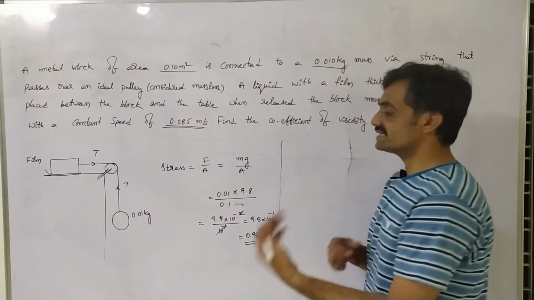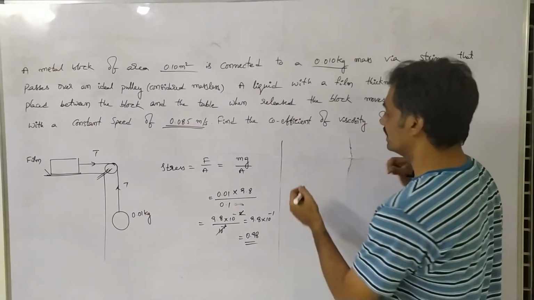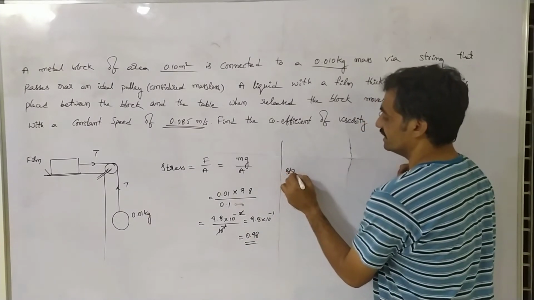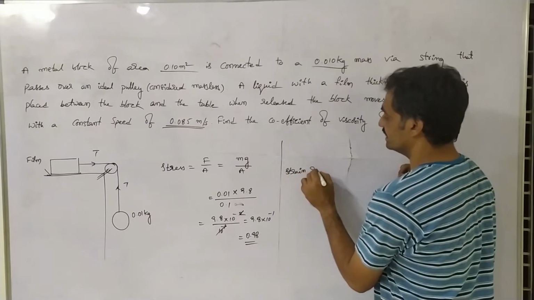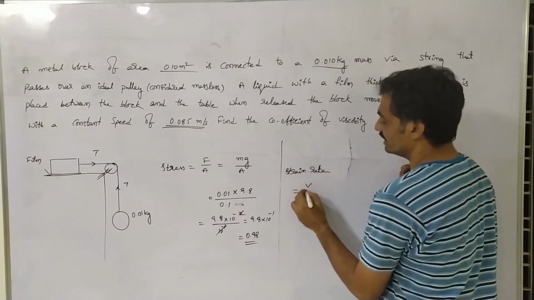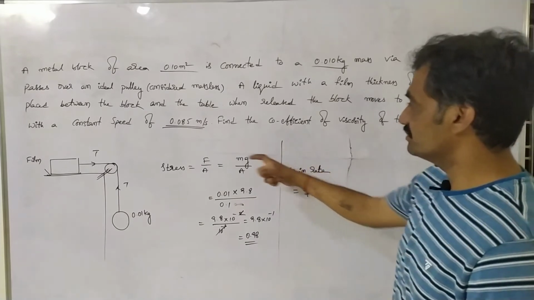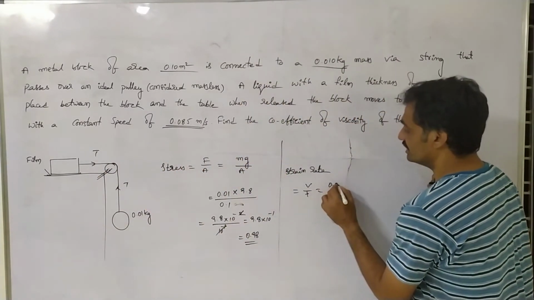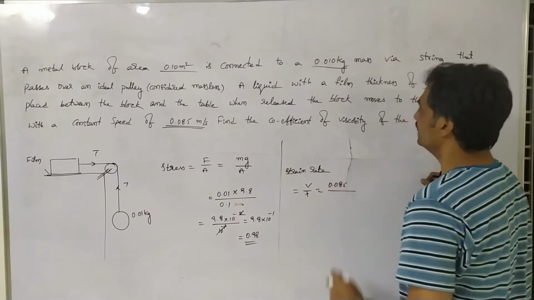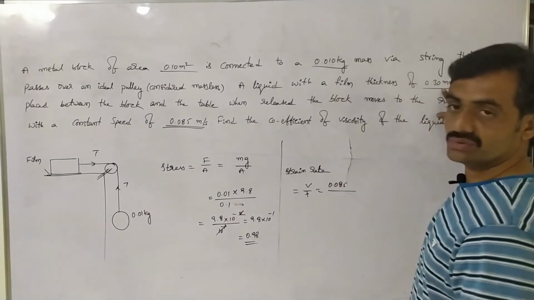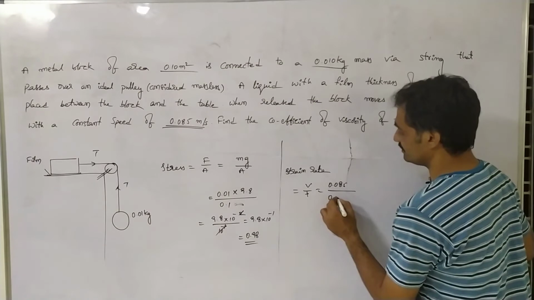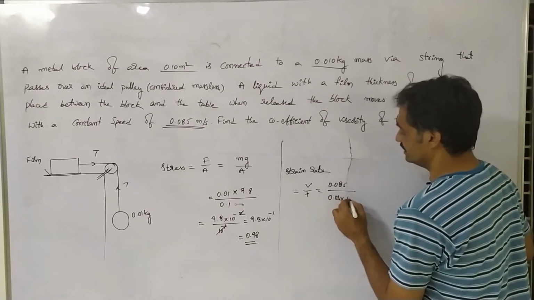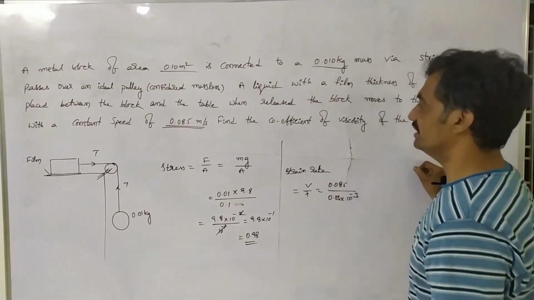Now we have to find the strain rate based on the velocity gradient. Strain rate is represented as V by T, where the velocity possessed by the block is 0.085 and the thickness of the film is 0.30 millimeter, that is 0.3 into 10 to the power of minus 3 meter.